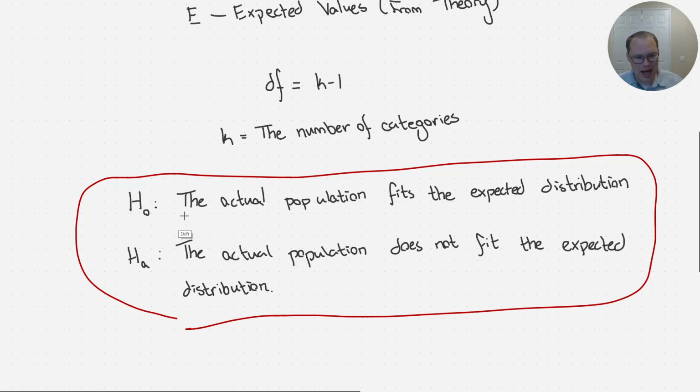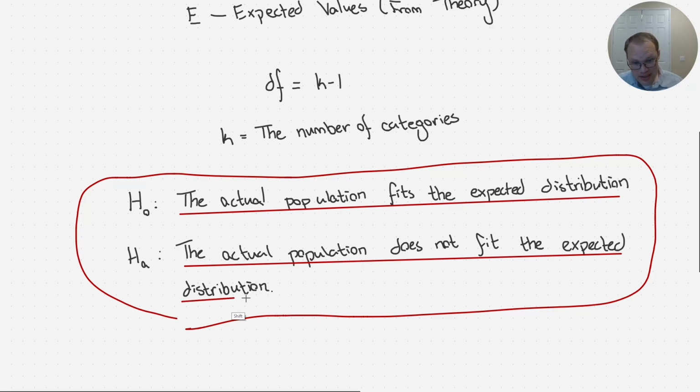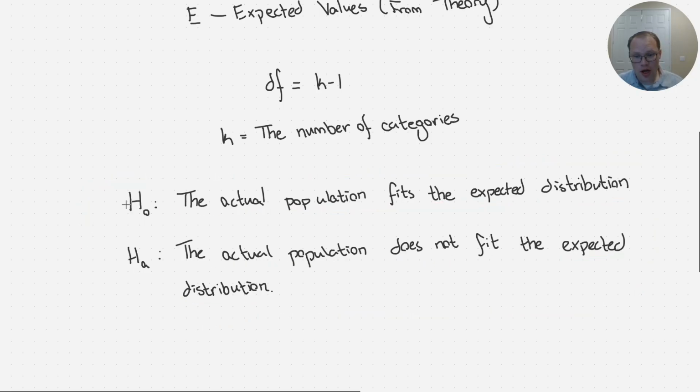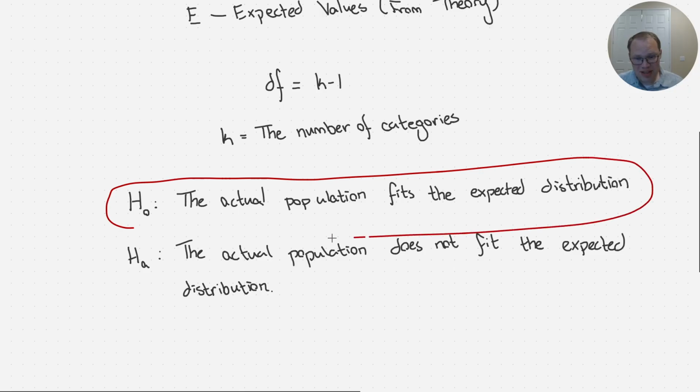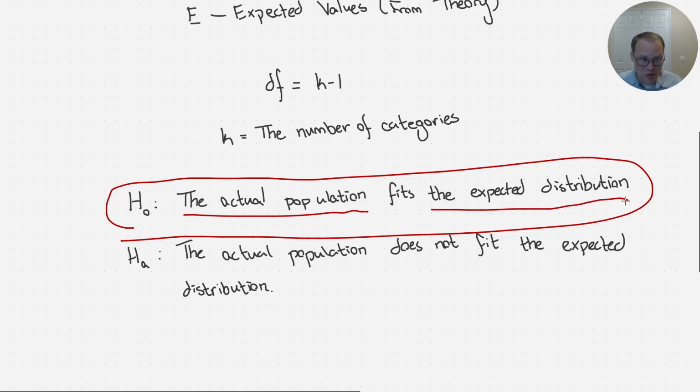So these are the abstract general hypotheses. Whatever your goodness of fit test is, you want to make sure you express it in the context of the actual problem. In the case of rolling a six-sided die, our null hypothesis would be that the actual die rolls do fit the expected distribution, which is that all six sides come up the same number of times, the same probability of happening.